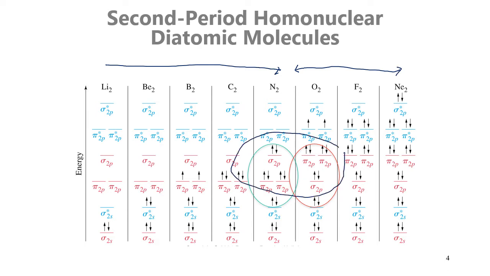For group 1 to 5, pi 2py and pi 2pz actually have lower energy compared to sigma 2p. But for oxygen here, which is group 6, sigma 2p is lower compared to pi 2py and pi 2pz. So the arrangement of electrons follows this, for lithium, beryllium, and so on until Ne2.